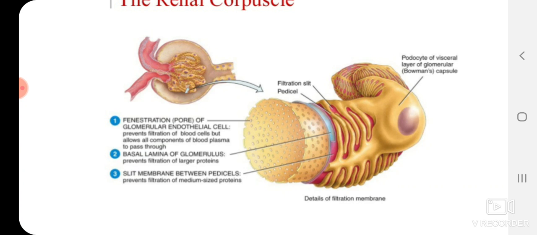And this is the penetration, that is a pore of the glomerular epithelium cell, which prevents the filtration of blood cells but allows all components of blood plasma to pass through. It permits only the blood cells.